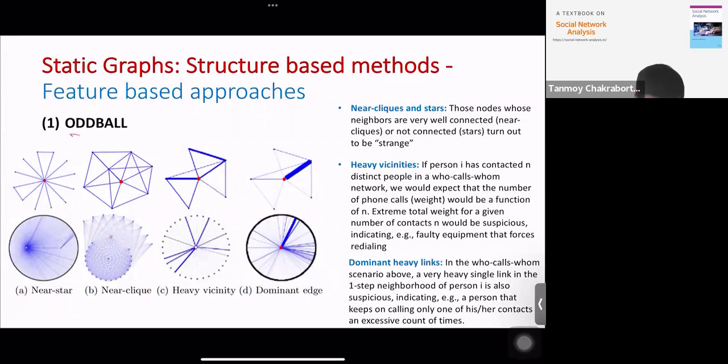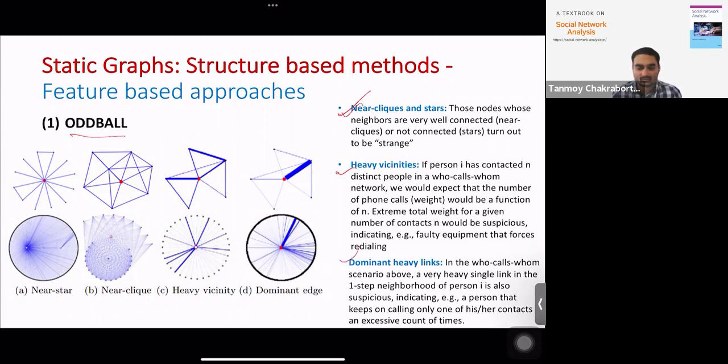Right, so in OddBall, they are interested in these three types of anomalous nodes, or anomalous substructures. The first anomalous substructure is something called near-clique or near-star. These are two structures though. Near-cliques are those which are cliques but not a completely connected graph, right?